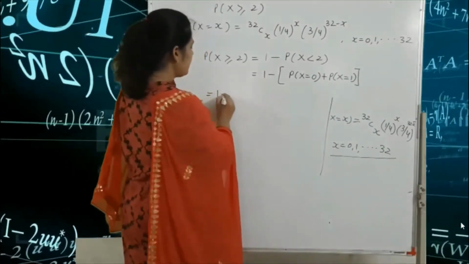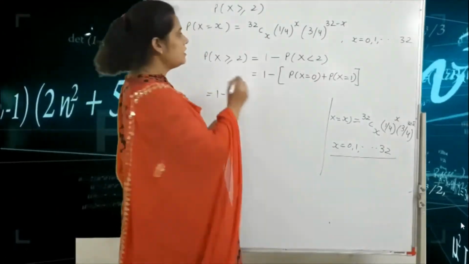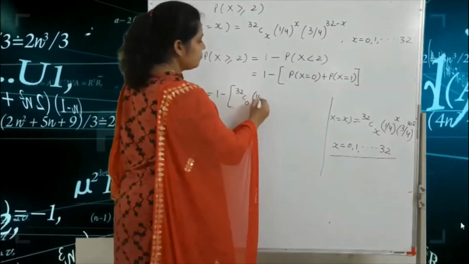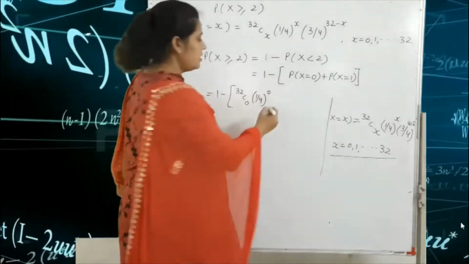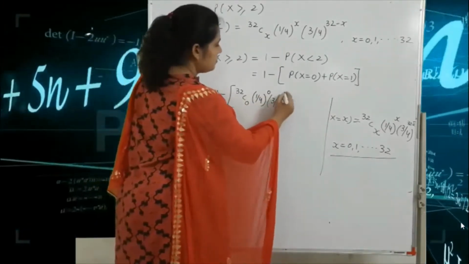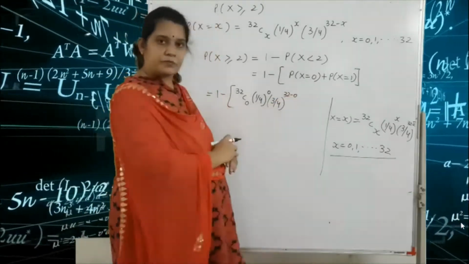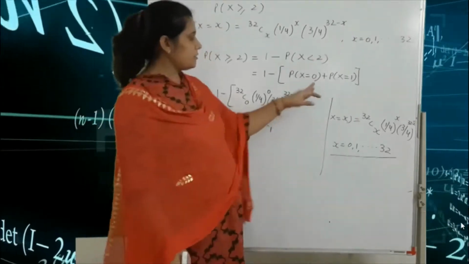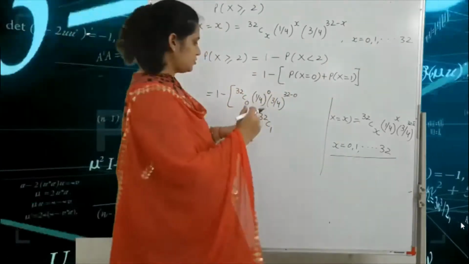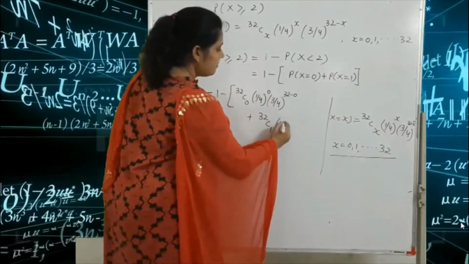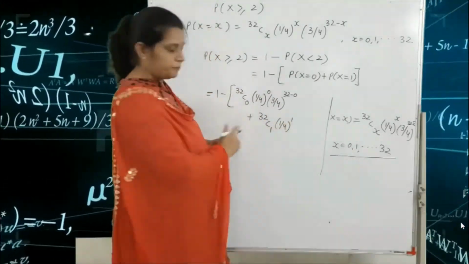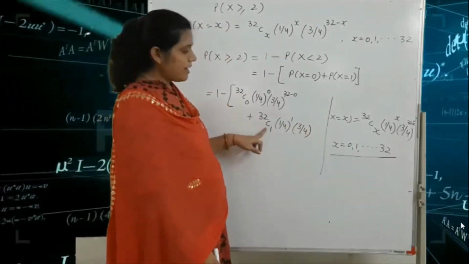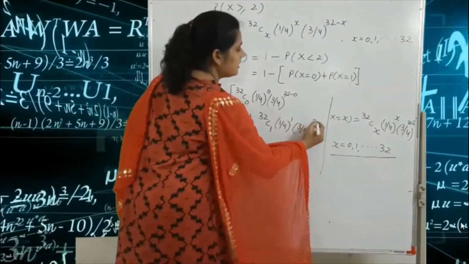So 1 minus P(X = 0) is 32C0 (1/4)^0 (3/4)^(32 - 0). Next is 32C1, because we put x equal to 1, so 32C1 (1/4)^1 (3/4)^(32 - 1), that means 31.